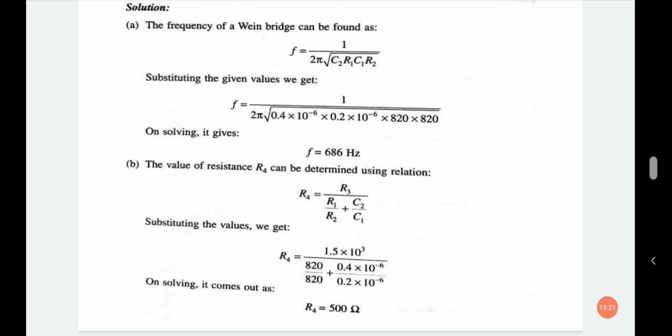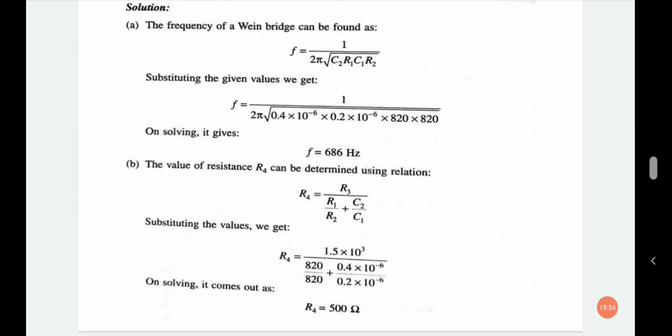In that we have seen the basic AC bridge, then the modified AC bridge or de-Sauty bridge, the modified de-Sauty bridge, then the parallel resistance capacitance bridge, and in this video we have seen some part of the Schering bridge and the Wien bridge for frequency measurement.